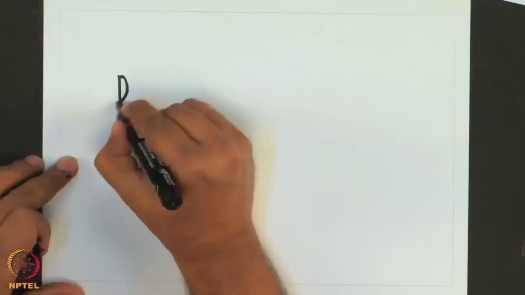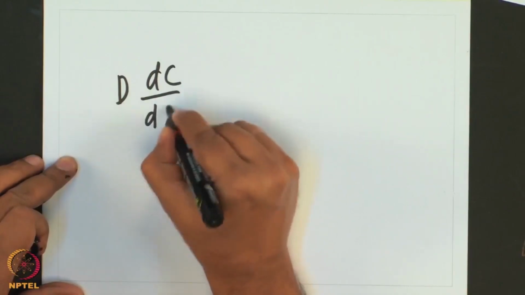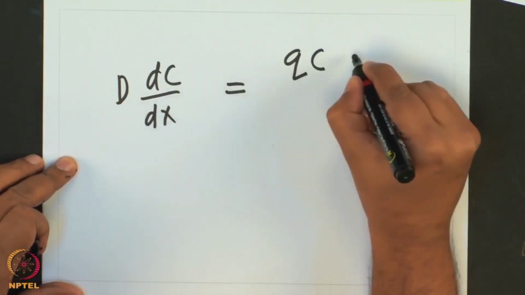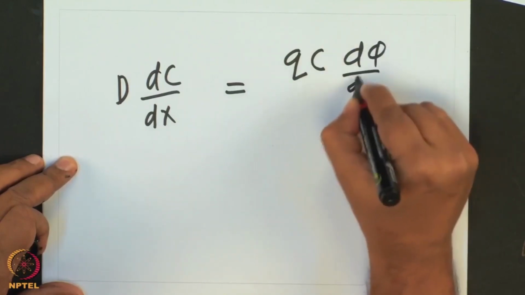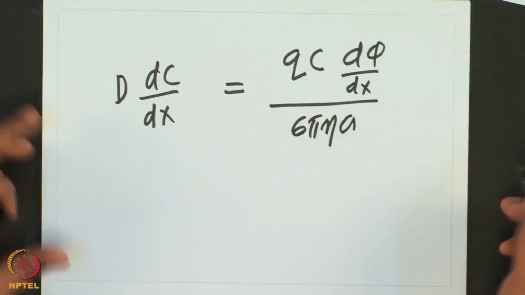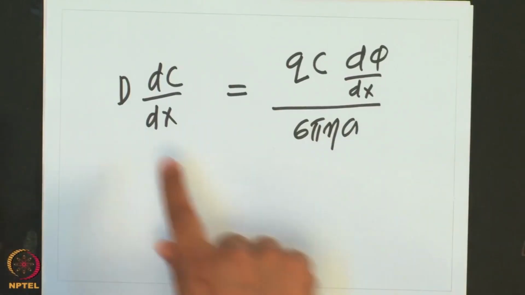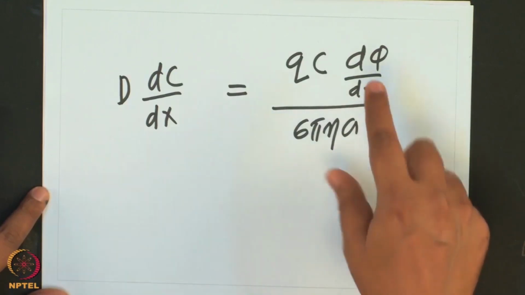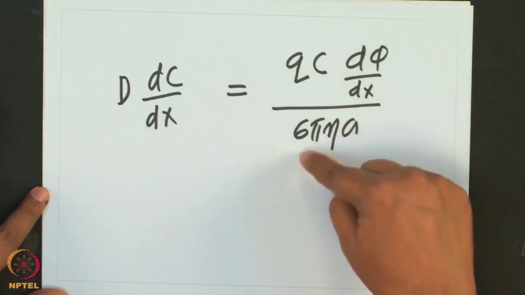So let us equate these two magnitudes. So what do we want? We want D dC by dx is equal to q C d phi by dx divided by 6 pi eta a. So what we want is to equate D dC by dx with q C d phi by dx over 6 pi eta a.